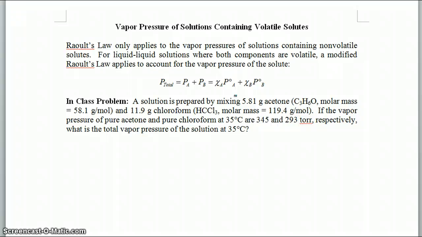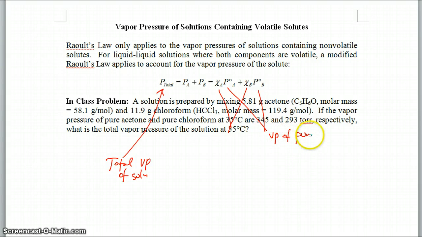So the P total represents the total vapor pressure of the solution. Okay, and then the chi's represent the mole fractions of A and B, respectively, and then the P naughts represent the vapor pressure of pure A and pure B, whatever those substances happen to be.